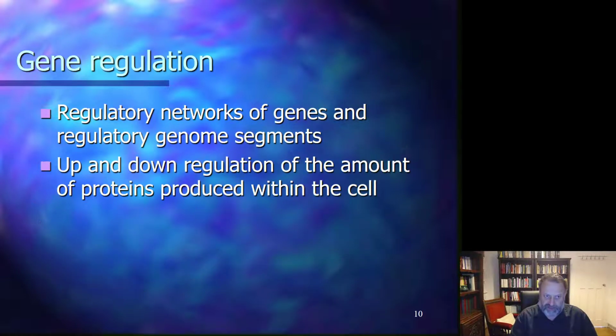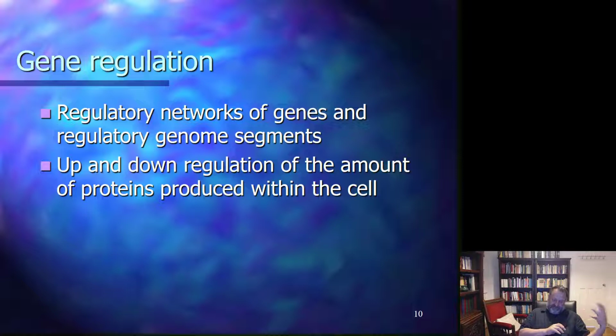So, as the cell works, different proteins are needed for the normal functionality of the cell. So how this happens is that different parts of the genome are activated at different times, and these are given as regulatory networks of genes. So some gene gets switched on that triggers the switching on of some other genes and so on through the interaction with the regulatory components of the DNA.